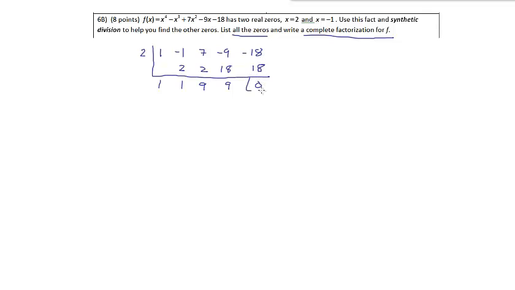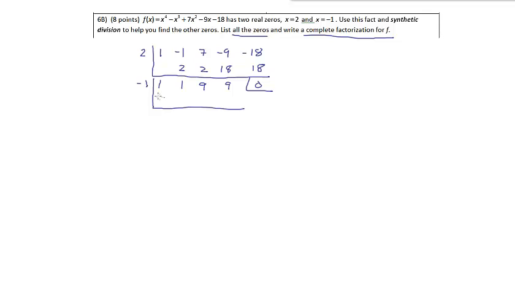This is my remainder. It's also the value of the function when x equals 2, and we saw that it was 0. Kind of cool. Now, don't start over. Just continue with this new set of coefficients. This would represent x cubed plus x squared plus 9x plus 9.